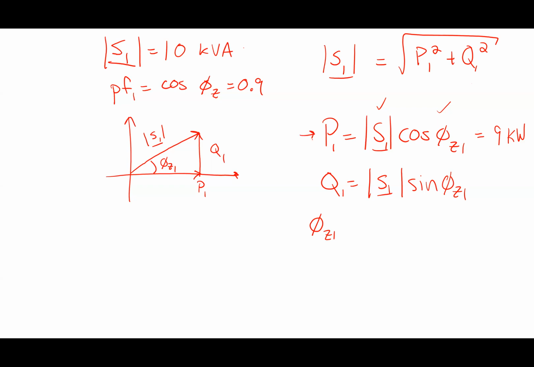Phi z comes from P1. Now, what is it? It would be the inverse cosine of 0.9. Now, if I had told you it was a leading power factor, I would have had to put a minus sign in front of it, arbitrarily, because it was leading.